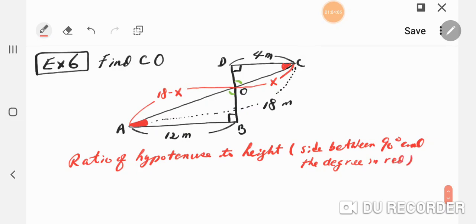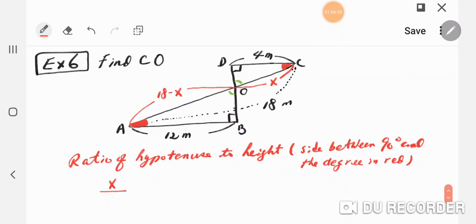So from the smaller triangle, the ratio of the hypotenuse, which is X, to the height.